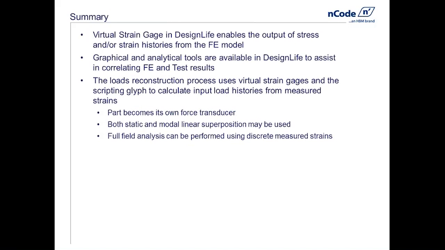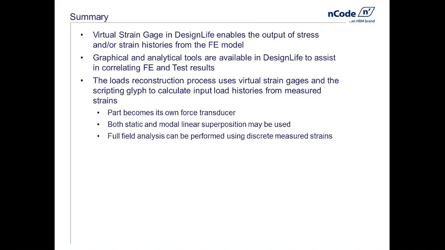Okay, so in summary, what we have been talking about today is, one, the virtual strain gauge that's inside DesignLife. And what that allows you to do is generate stress histories or strain histories from the virtual gauges on the FE model due to some loading response that I bring in, again, using the load provider inside of DesignLife, either time series, time step, constant, or duty cycle, and create histories that would mimic actual gauges on the physical part.